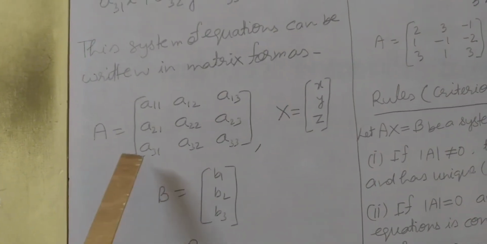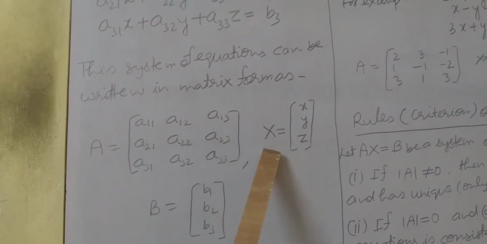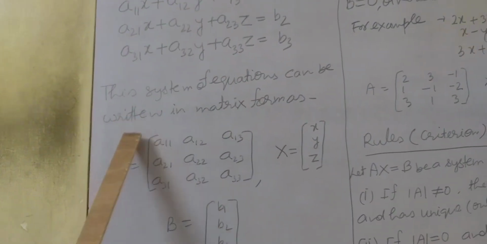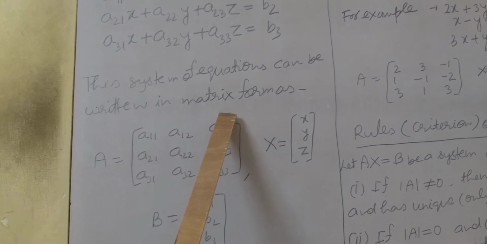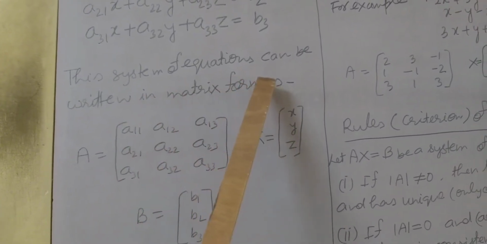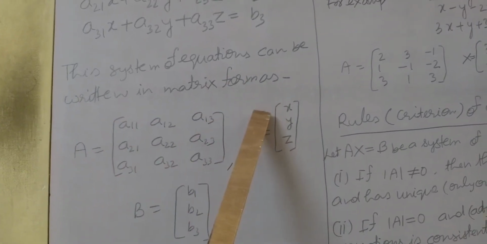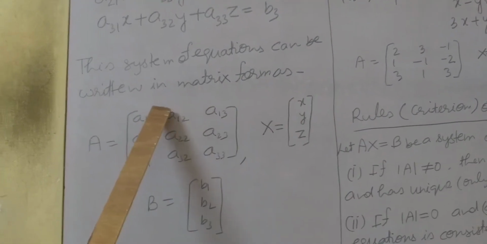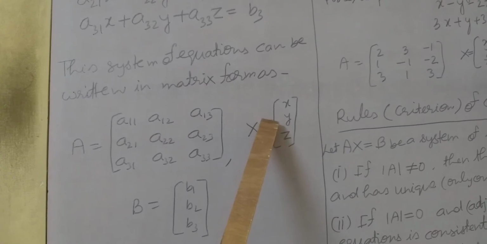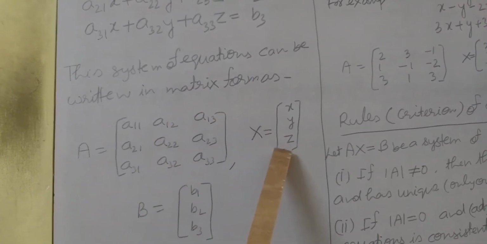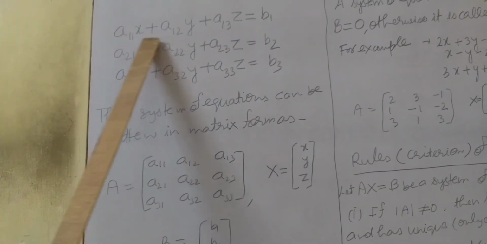Students, if we multiply A and X, then we can get these equations. When we multiply the first row of A with the column of X, we get a11 multiplied by x, a11x, plus a12y, plus a13z. So the first equation is coming.